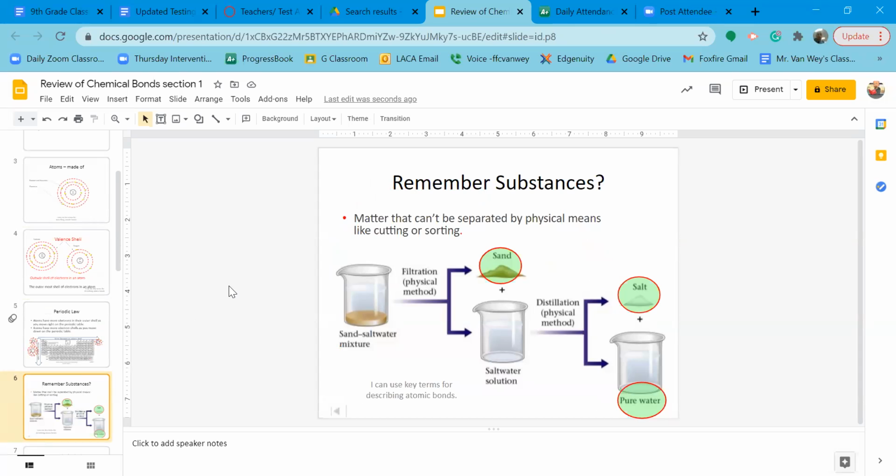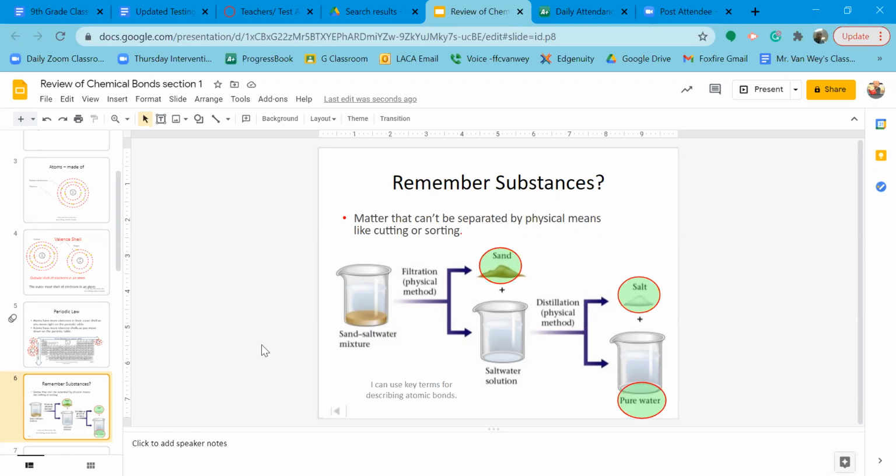And then another callback, we go back to Unit 5, I believe it was, where we talked about substances and mixtures. Of course, you can separate a mixture with physical means. You can physically pick the red Skittles out from the blue Skittles from the green Skittles, right? You can separate that mixture.